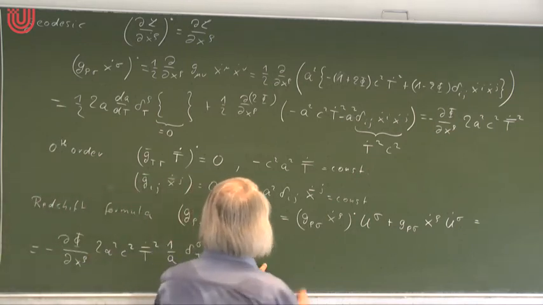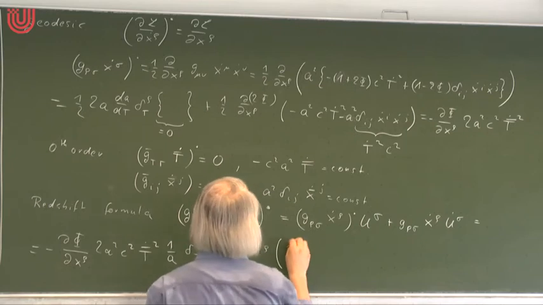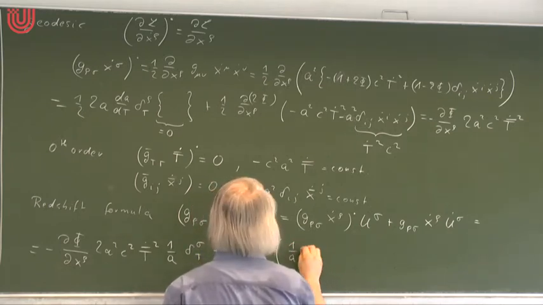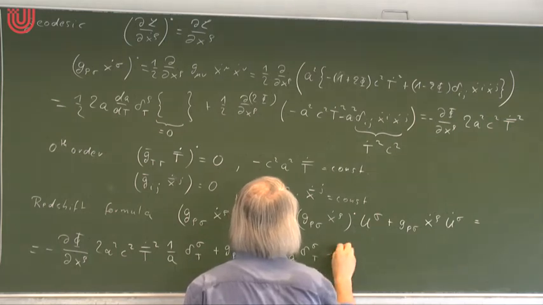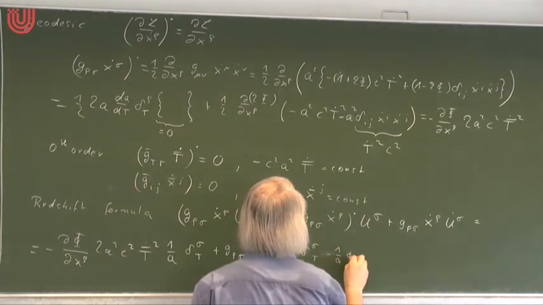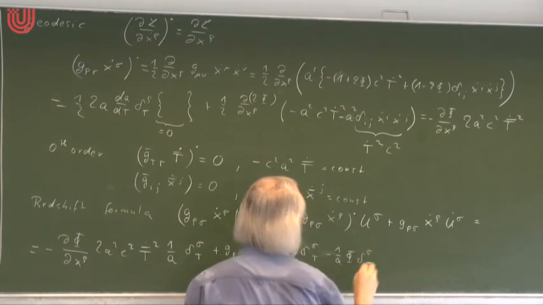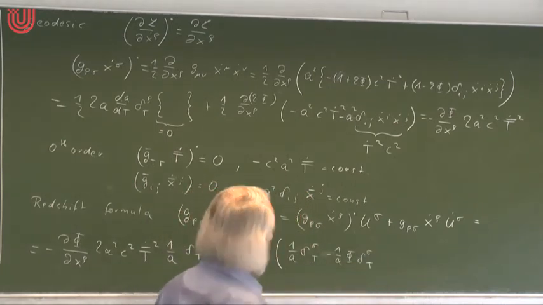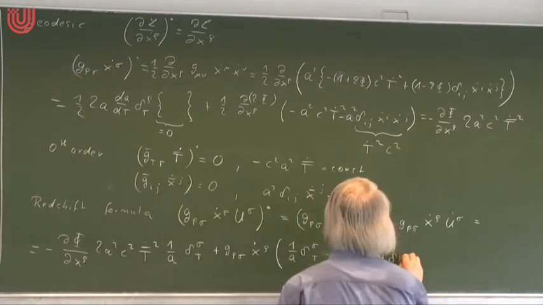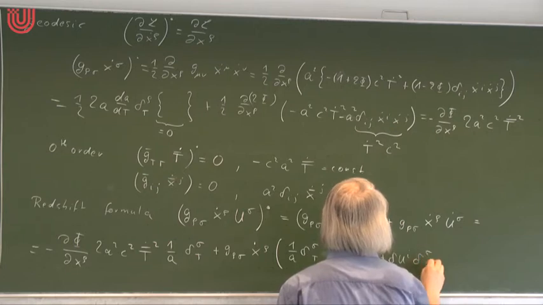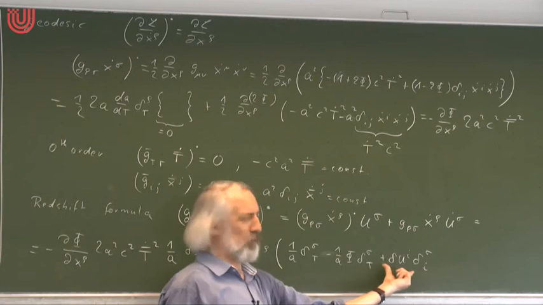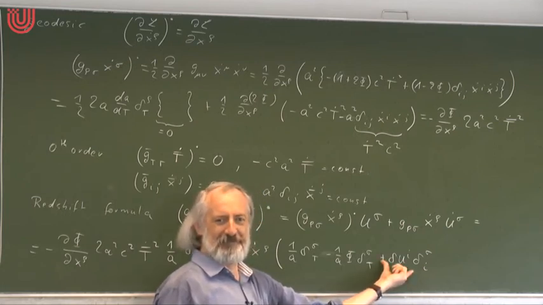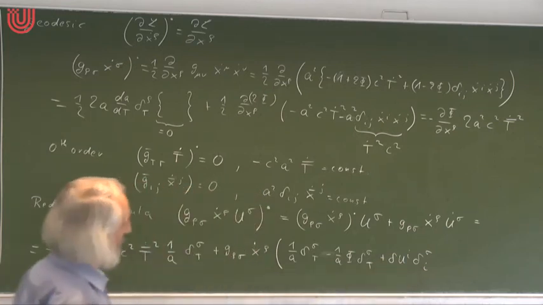Well, this has a zeroth order term, so I have to write down now every term. Delta^sigma_t, no, minus 1 over a phi delta^sigma_t plus delta u^i delta^sigma_i. These are two different deltas, right? That's a Kronecker, that's a perturbation. I think in the first one there is also a mistake.